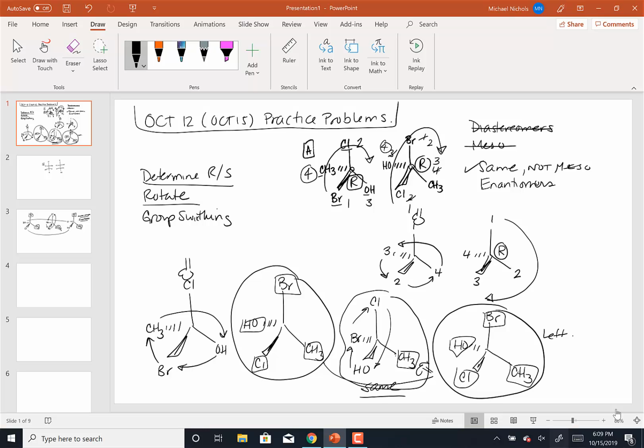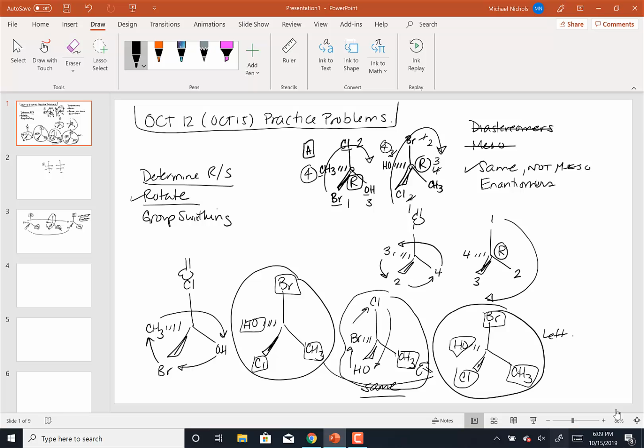So if the chiral centers have the same configuration, then you'll be able to overlap all four. If they don't, you'll only be able to overlap two. So that's the way that we would rotate the left molecule into the right molecule in order to superimpose them. Now, the group switching is another way to approach this problem.